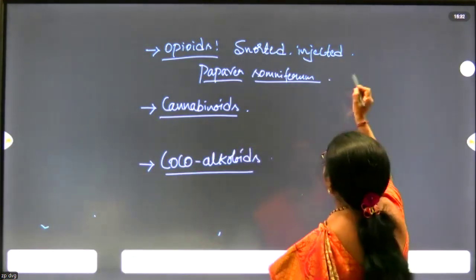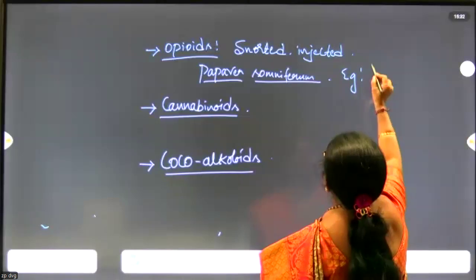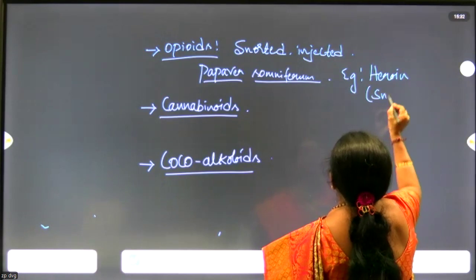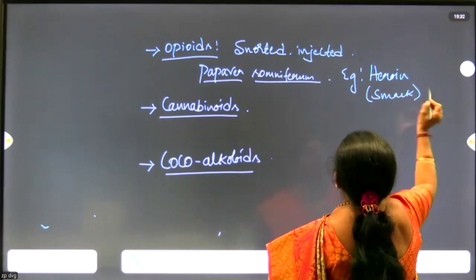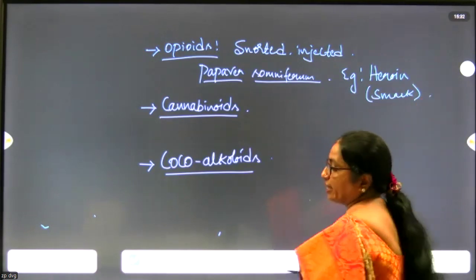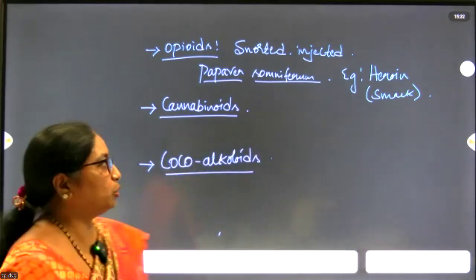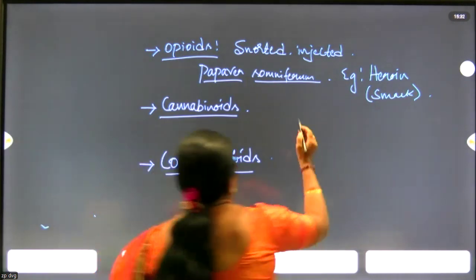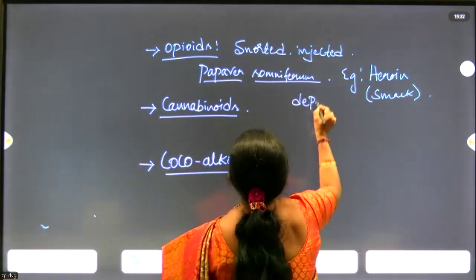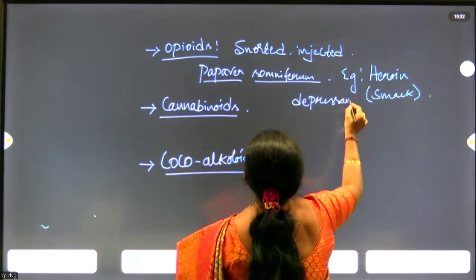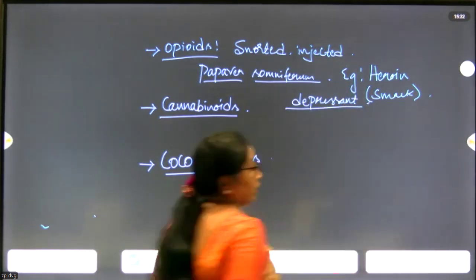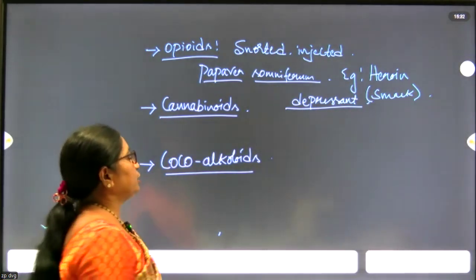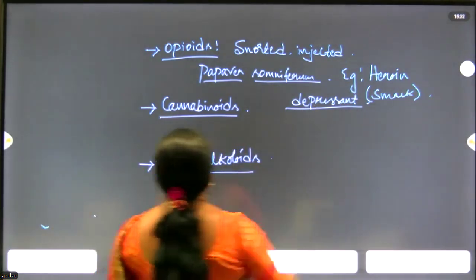One example of an opioid is heroin, also called smack. It is also called diacetyl morphine. This heroin acts like a depressant. A depressant slows down the activity of the CNS. CNS activity slows down, and you call this a depressant.